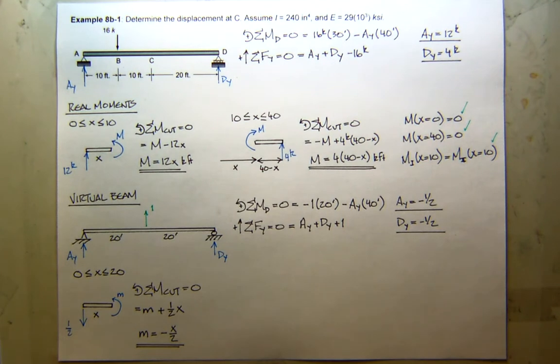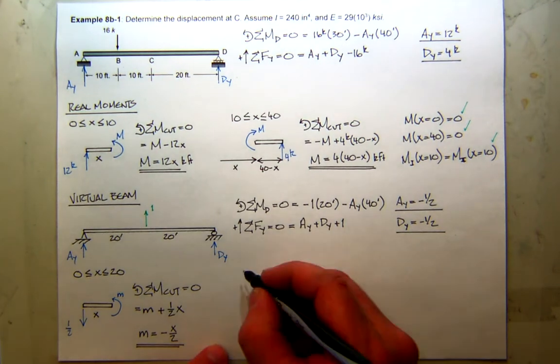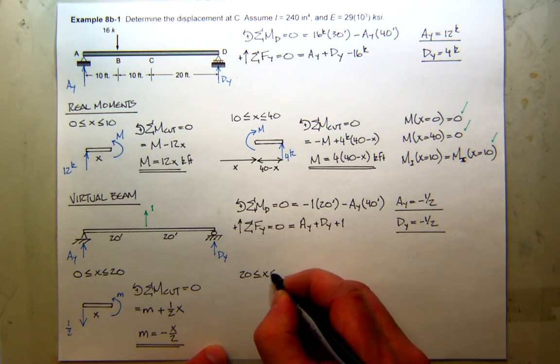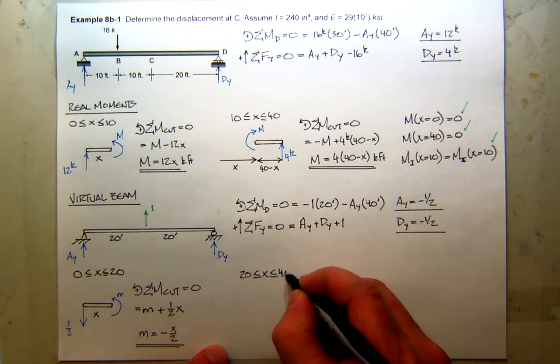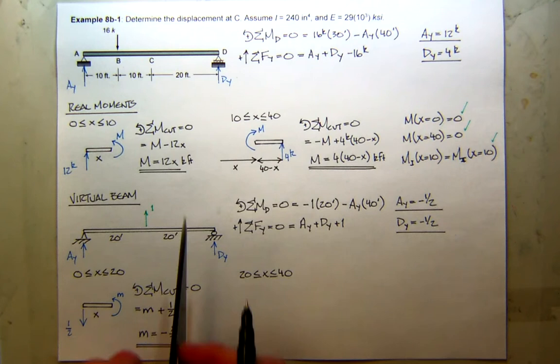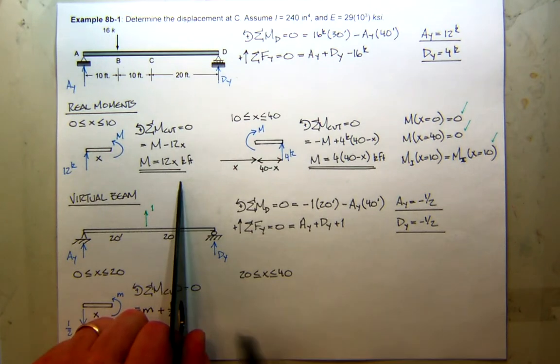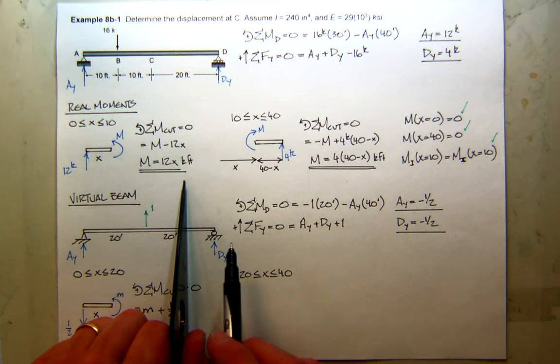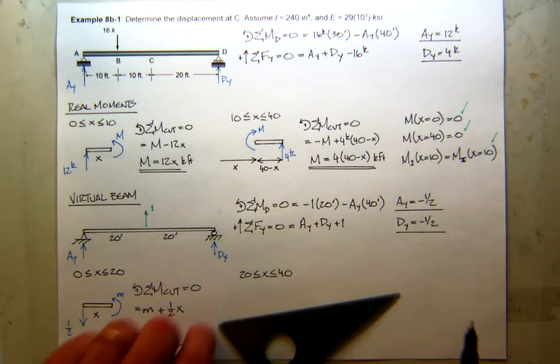And then I have to do it again, right? The next expression will be from 20 to 40. So I'm going to cut the structure here, and you have to decide right side, left side. I said that backwards. Left side, right side, right side.